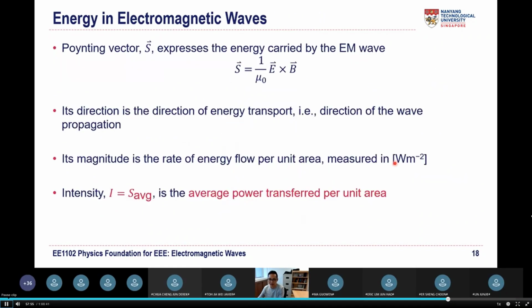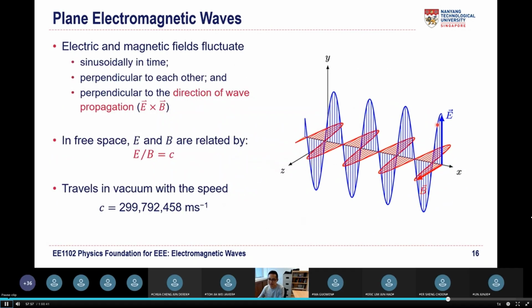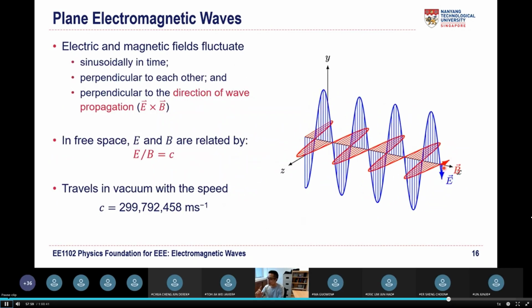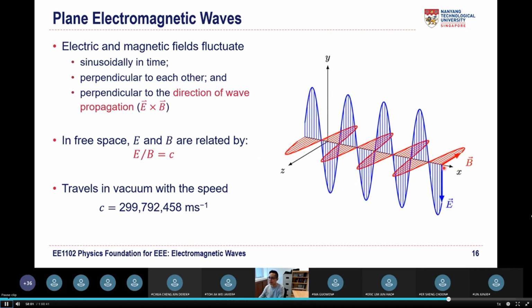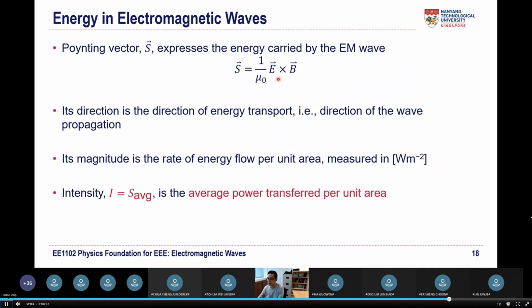And when E and B are maximum, that means S, the Poynting vector, is also going to be maximum. So you can see how it's going to oscillate. Okay. So the Poynting vector direction is in the direction of the wave propagation. I've said that. And its magnitude is the rate of energy flow. So this Poynting vector is measured in watts per meter squared.